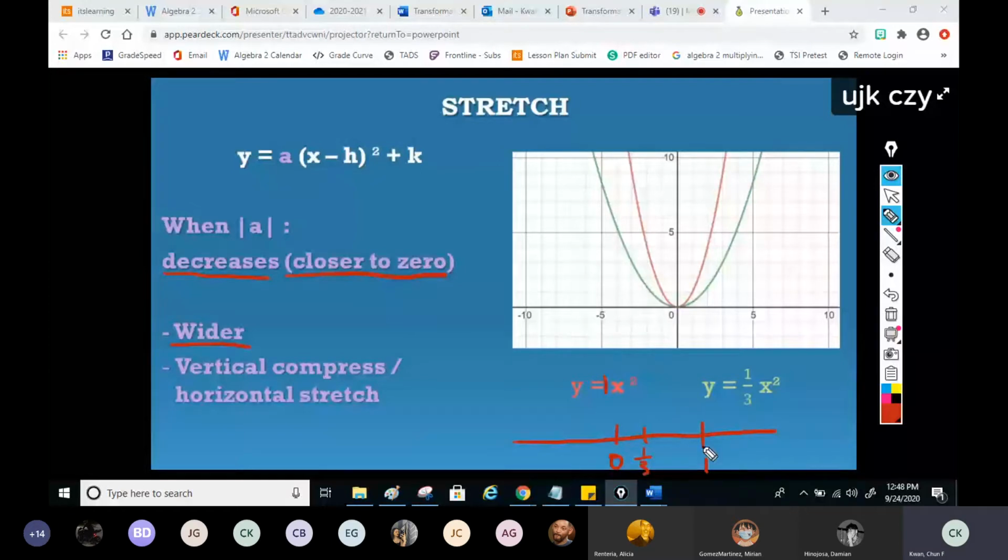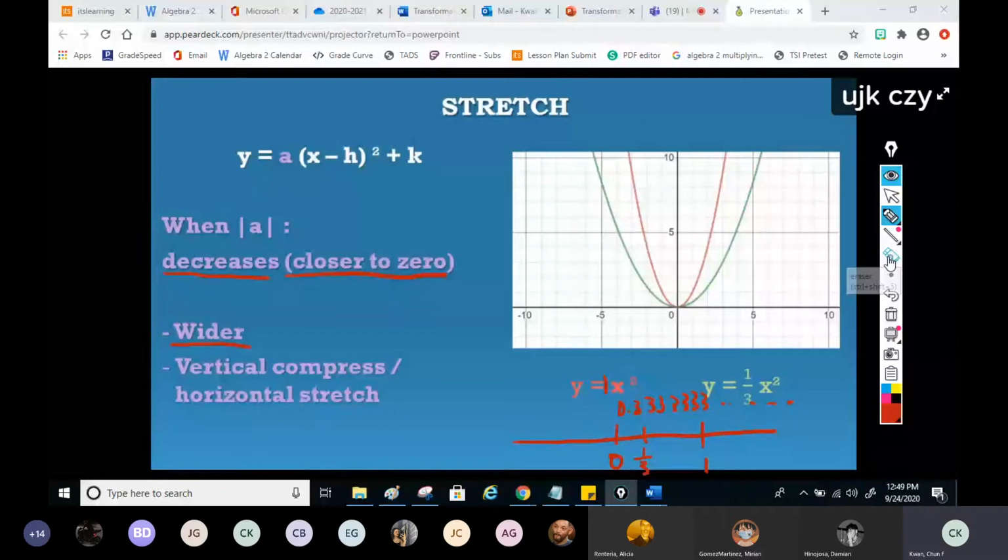In decimal, that's 0.3333, and it keeps on going. So it is a little bit closer to 0 compared to 1.